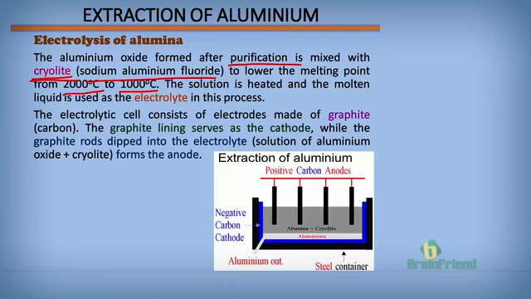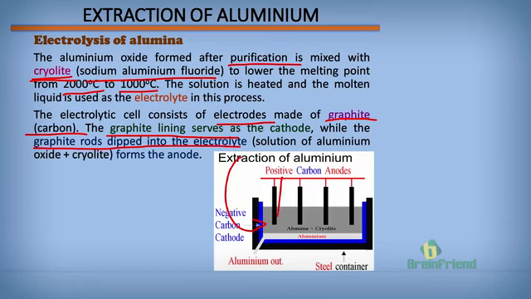So the electrolytic cell consists of electrodes made of graphite, which is carbon. So both ends, the cathode and the anode, are made of graphite. Now, the graphite lining serves as the cathode. As you can see here, we have graphite lining here serving as a cathode, while the graphite rods dipped into the electrolyte.